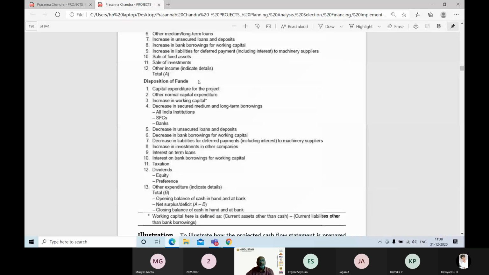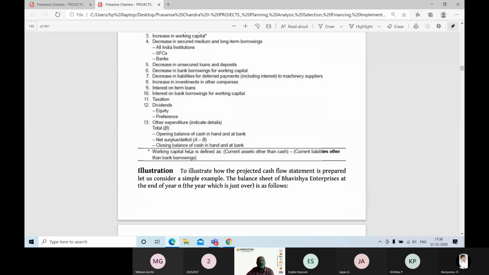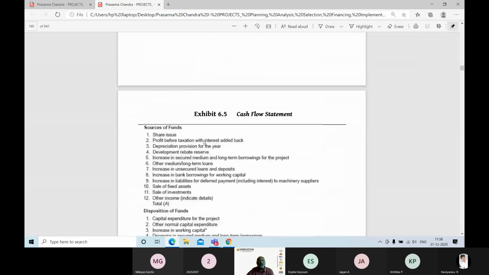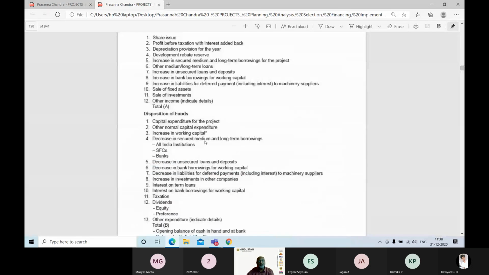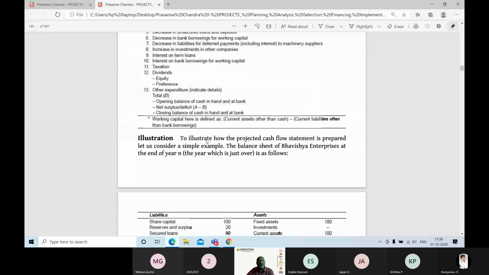According to this, you have to calculate the deposition of funds. Then net surplus, that is deficit: A minus B, where A is the source of fund and B is the deposition of the funds. Then A minus B gives the closing balance of cash in hand, the money that is available after that.